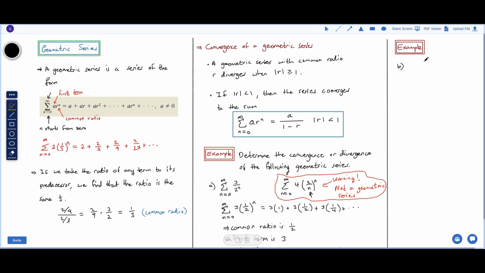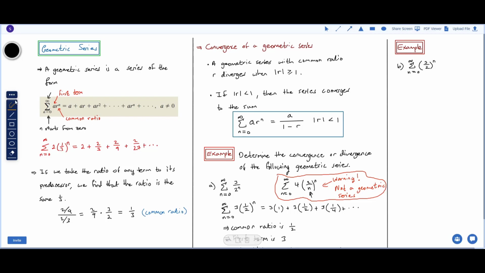All right, so this one is the sum from n equals 0 to infinity of 3 over 2 to the power of n. So our first term would be 3. Our common ratio would be 1/2.